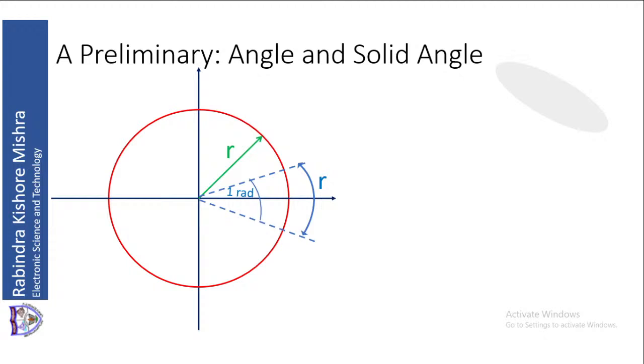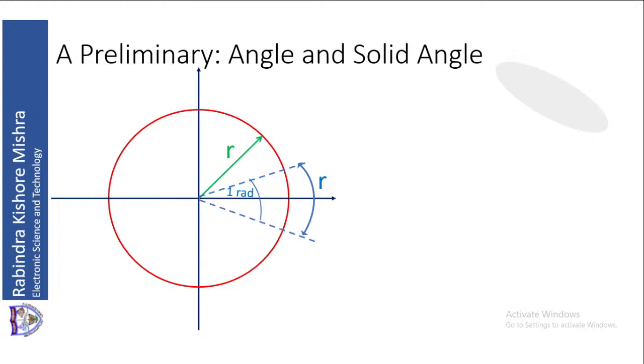In this figure, you are seeing a circle of radius r. An angle of 1 radian is defined as the angle subtended by an arc on the perimeter of this circle whose length is equal to r, its radius.